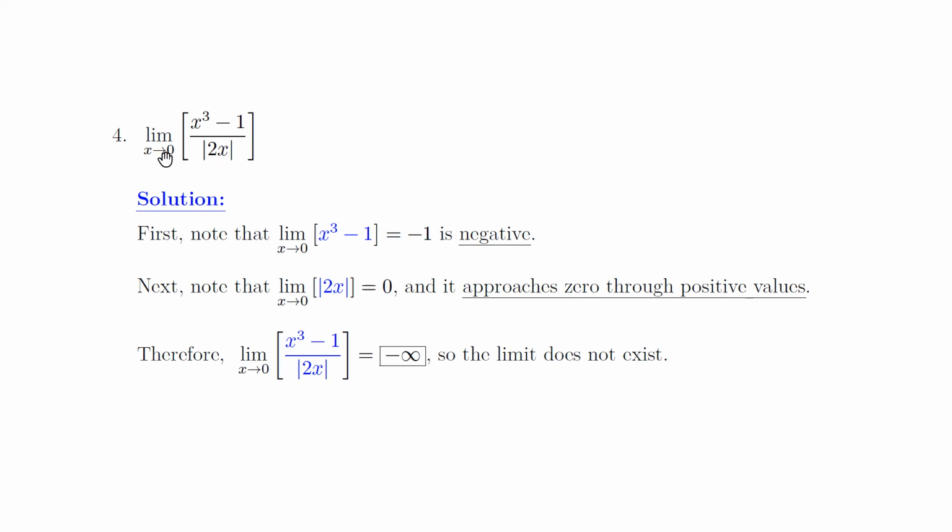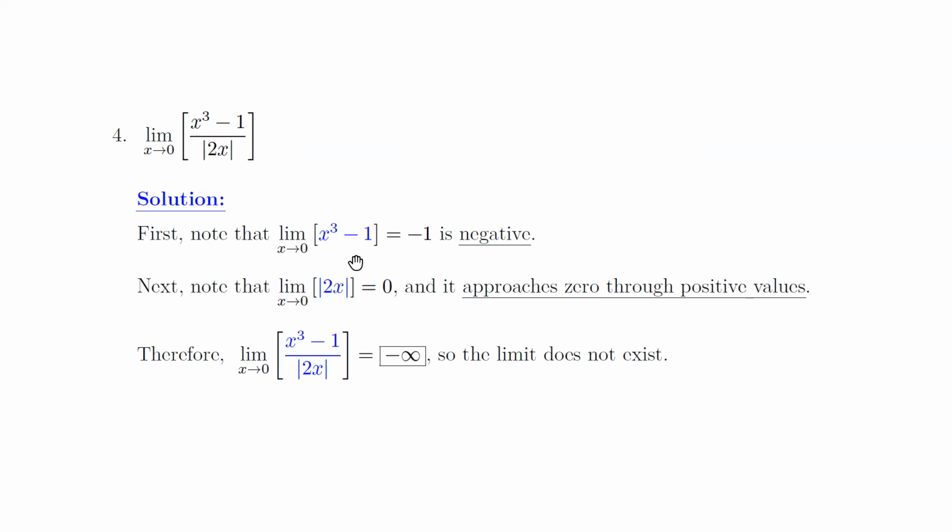Now for the denominator, as x approaches 0, absolute value of 2x also approaches 0. But the important thing here is not just that it approaches 0, but what values does it approach 0 through? Meaning this function, absolute value of 2x, does it always take positive values or does it always take negative values as it gets to 0?